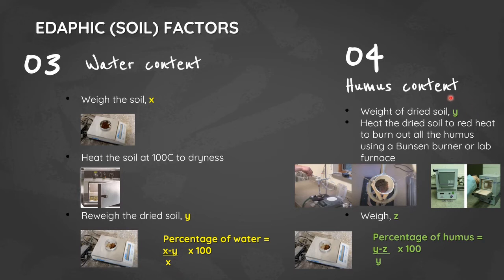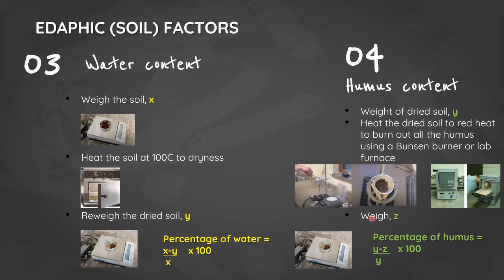Humus content. So we have the weight of dried soil, which we have here, Y. So we will heat this dried soil to red heat to burn out all the humus. And we can use a Bunsen burner, so we can probably heat it for about 30 minutes, or we can use a lab furnace, heating it at around 400 degrees Celsius.